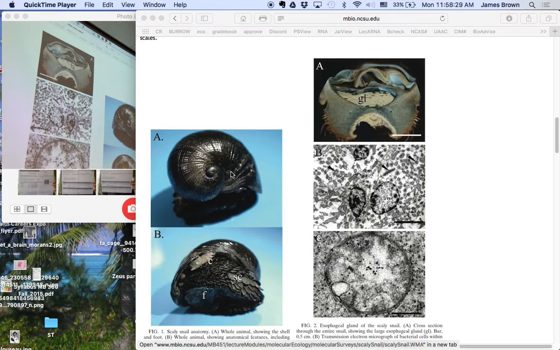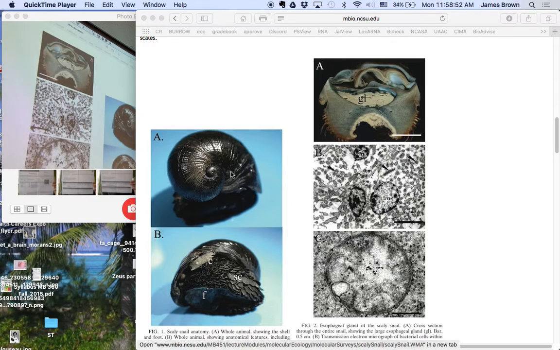So there are two questions that these folks had about this animal. Number one, what are these bacterial symbionts providing to the animal? The hypothesis would be that, like in Riftia and some other deep-sea vent animals, it's providing carbon to the animal, right?